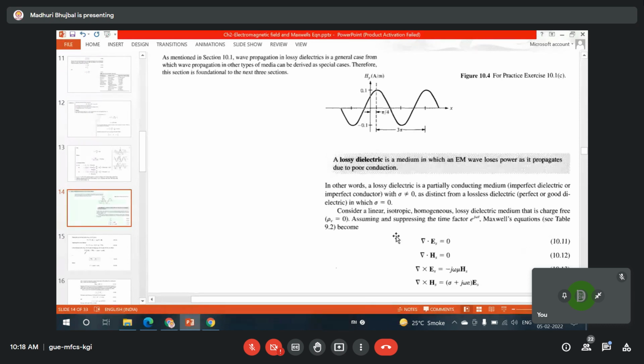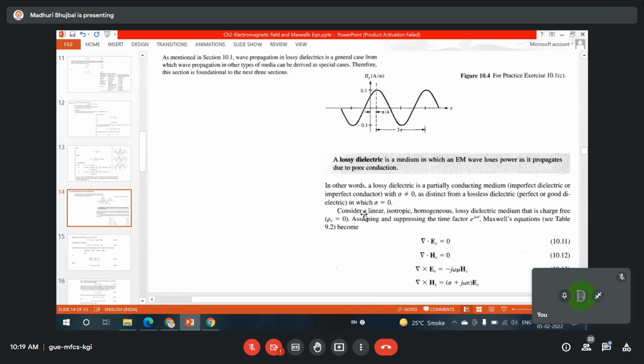Consider a linear, isotropic, homogeneous lossy dielectric medium that is charge free.